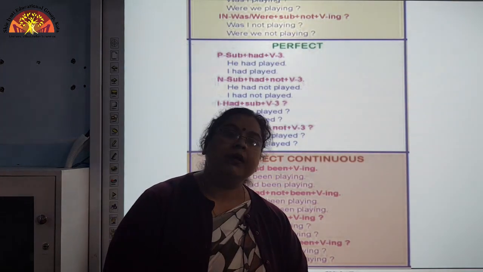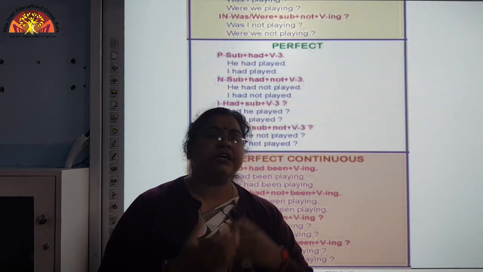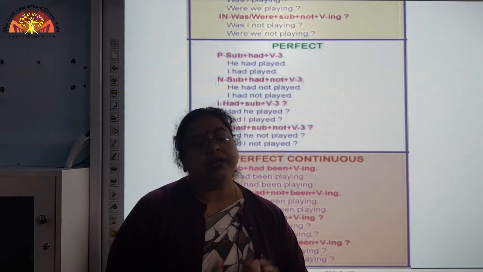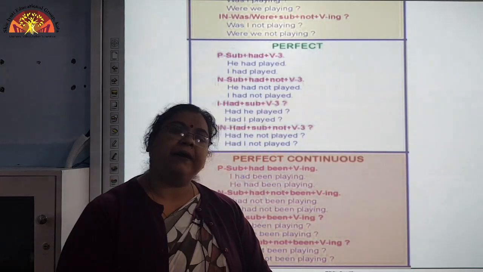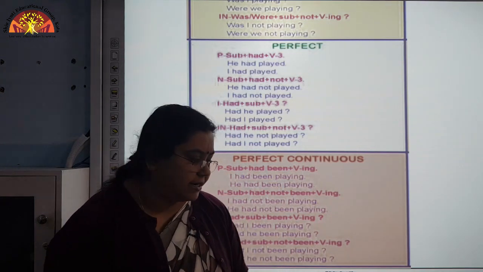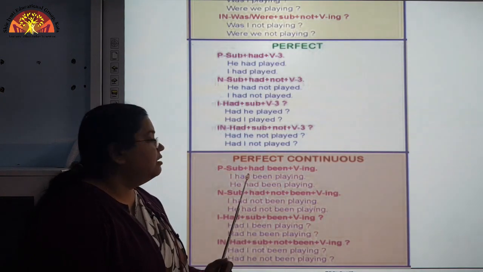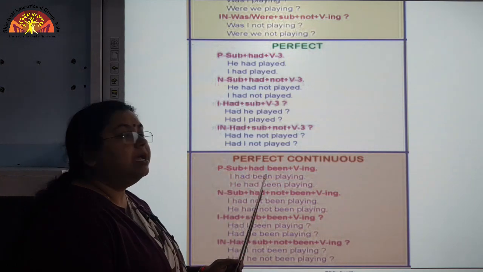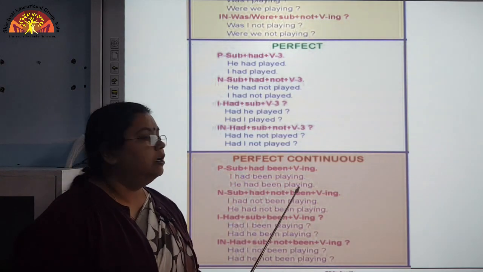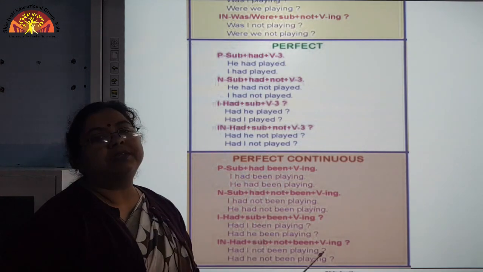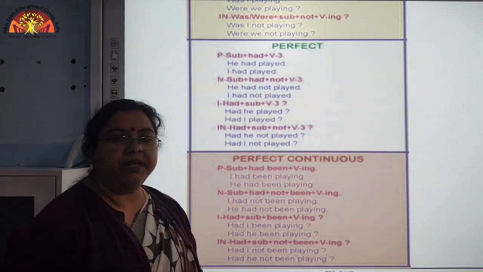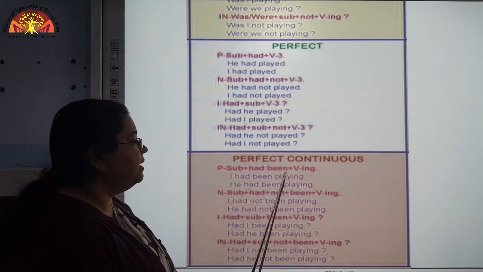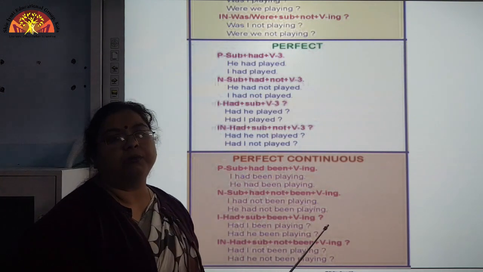Now, let us look at the structure of the sentence that has to be followed for framing a past perfect continuous sentence. First of all, for a positive sentence: subject plus had been. Been is the third form of the verb be. So, subject plus had been plus ing form of the verb.